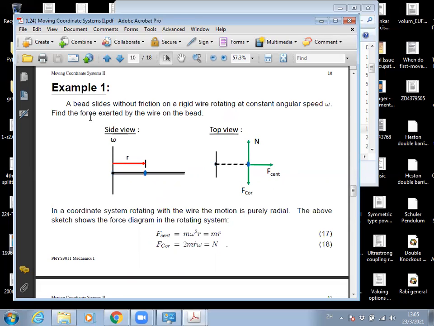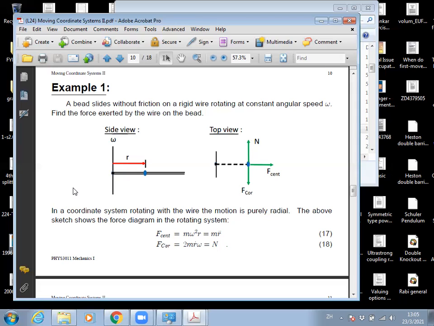We want to find the force exerted by the wire on the bead. If we use the inertial frame, this is the so-called reaction between the bead and the rod.